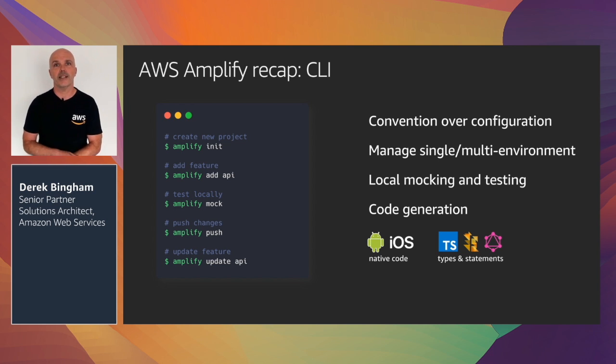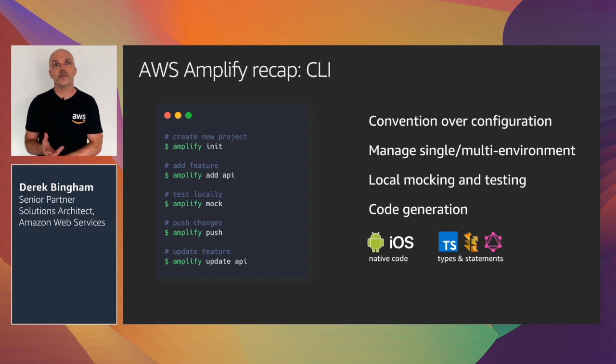What I mean by that is Amplify abstracts the complexity of the underlying service that you're trying to use. So for example, if you want to add, say, an S3 bucket as storage to your application, with Amplify, you would simply go amplify add storage, and we'd hide the underlying complexity of the S3 bucket from you.